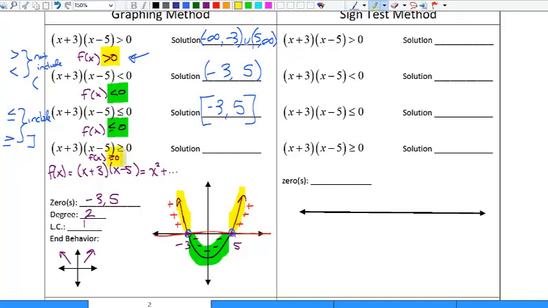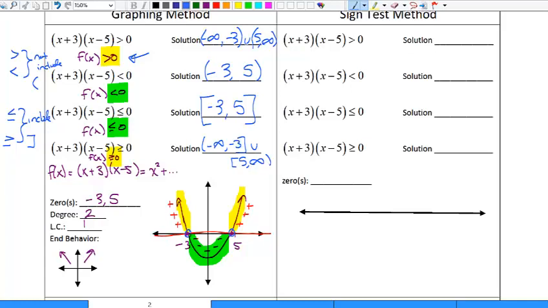That's the yellow section that is above the x-axis, but in this case I get to include the endpoints, so my solution would be -infinity to -3, bracket, union, bracket 5 to infinity. So that's all of the solutions for those.